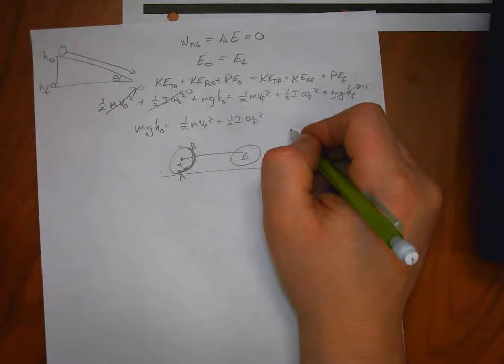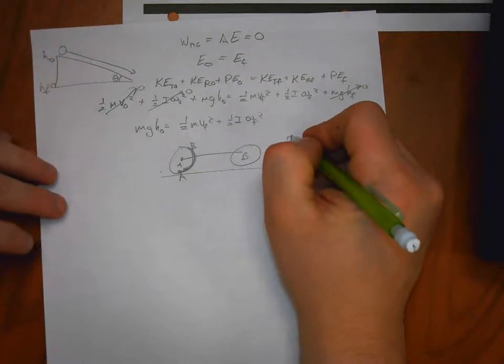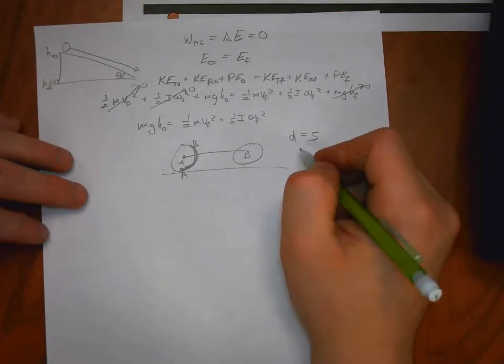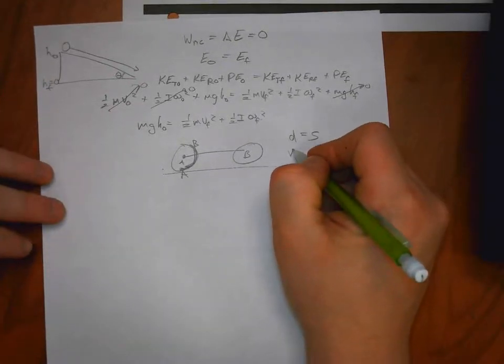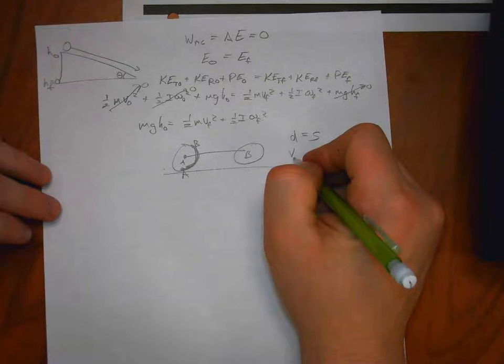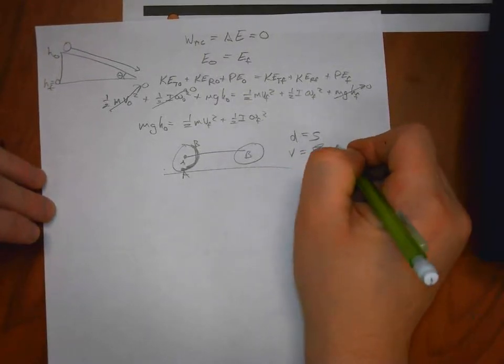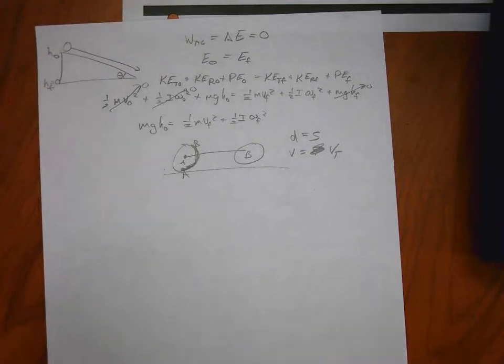So the distance traveled is going to equal the arc length s. So we can also say that the translational velocity is going to equal the tangential velocity.